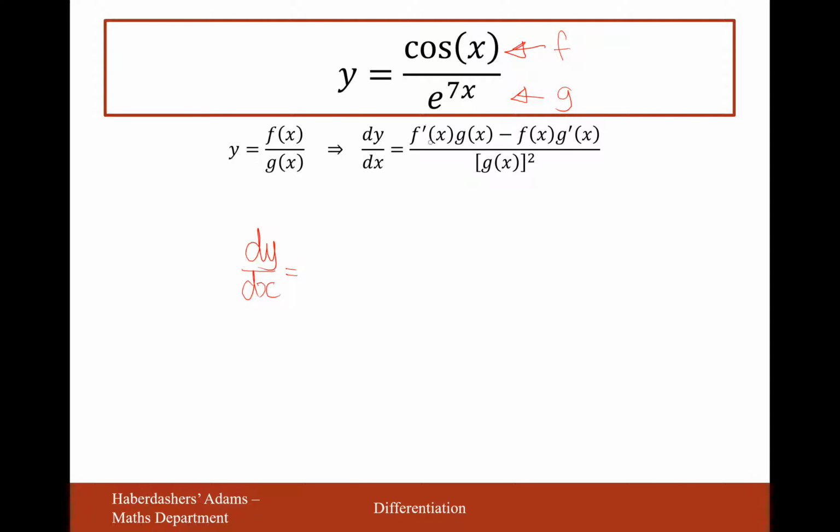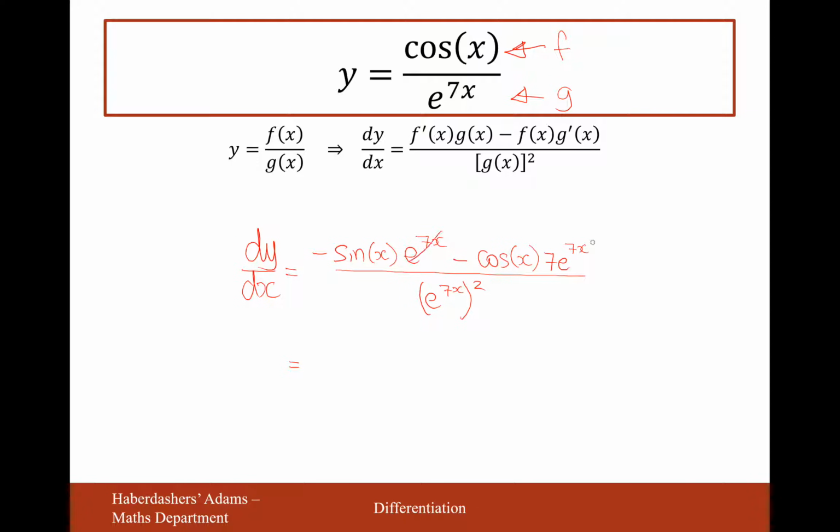First of all, we need to differentiate the f function, which is minus sine x, times the g function, e to the 7x. Take away the f function, which is cos, multiplied by the derivative of the g function, that would be 7e to the 7x. All over the g function squared, that's e to the 7x, all being squared.